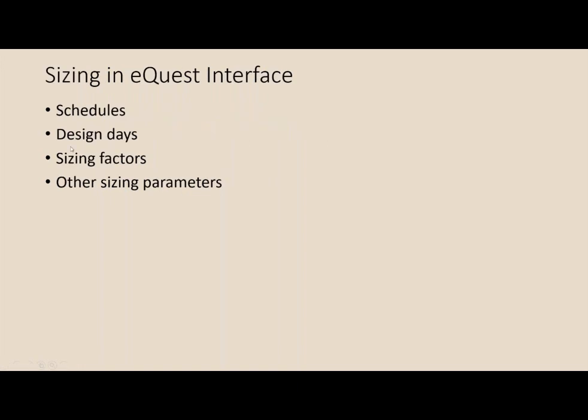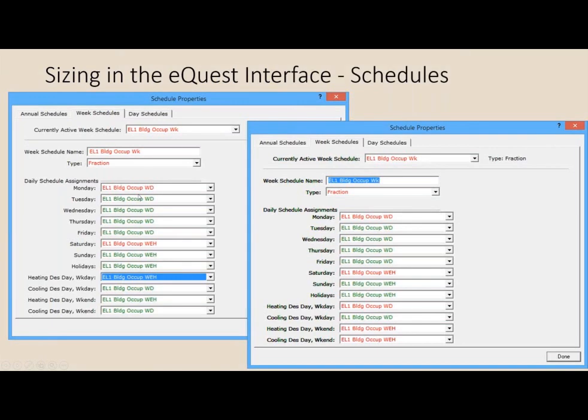So I've got a few slides that I'm just going to breeze through related to the eQuest interface. And again, I'm going to post this so people can go back and look at it. But here's the design day sizing stuff or schedules, and you can see the defaults in green are not always what you might want, and I've changed some of those in red on the right to be something that makes more sense to me.